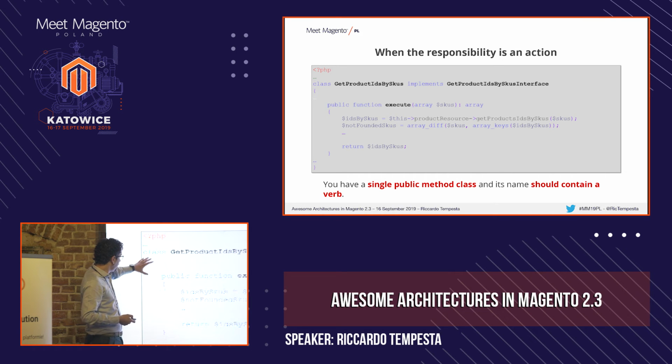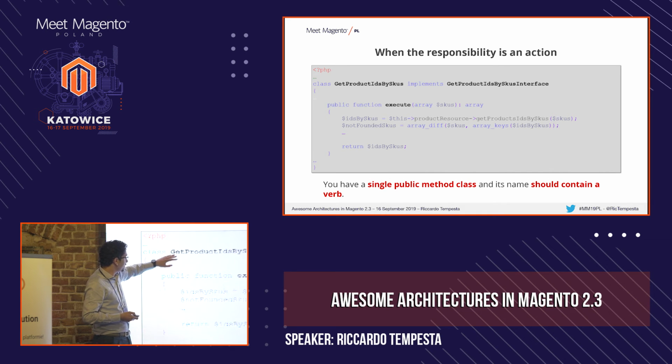And this is an example. This is a real class. And you can see this is a specific type of single responsibility class, because this is a kind of functional class. Actually, if you're coming from the JavaScript world or the Python world, you probably are familiar with this. When the responsibility is an action, usually you have only one public method, and it's called execute, and the class name should start with a verb.